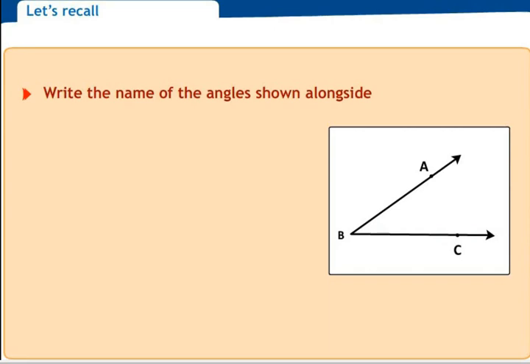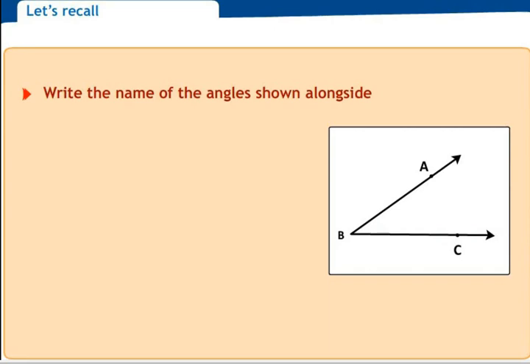You can see in the diagram we have two rays, ray AB and ray BC. When ray AB and ray BC are joined at a common endpoint by making an inclination obliquely, they form an angle.